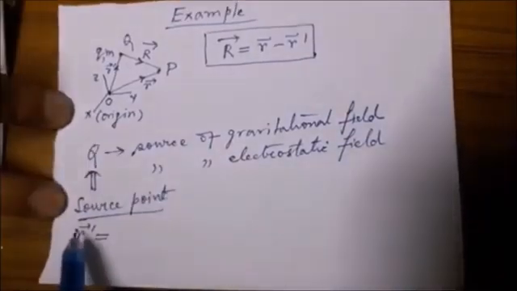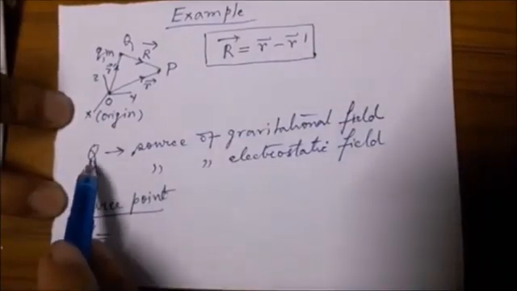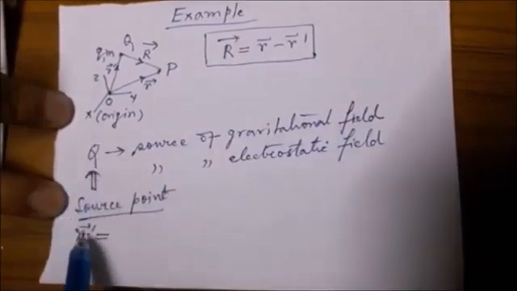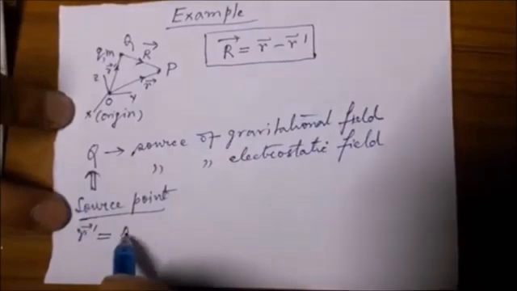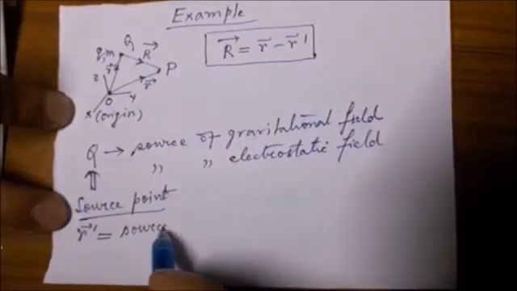And the position vector of Q, which is r prime, is called the source coordinate.